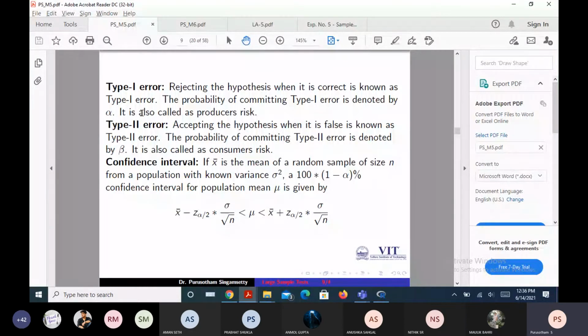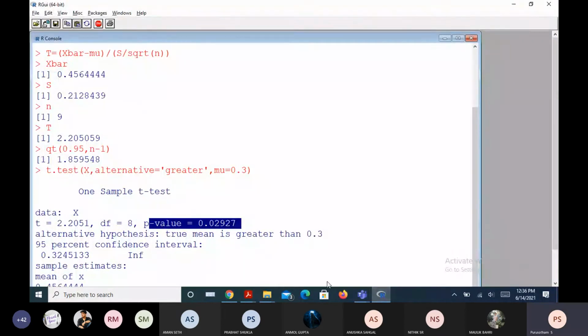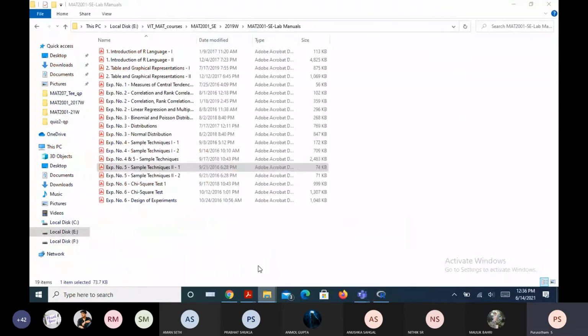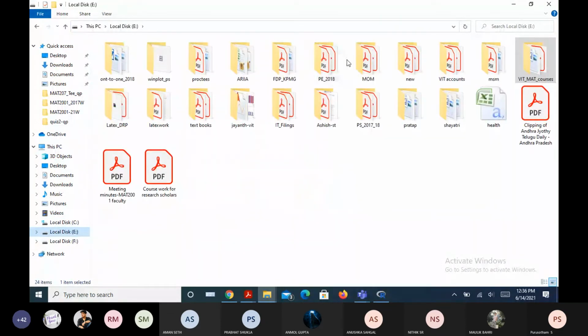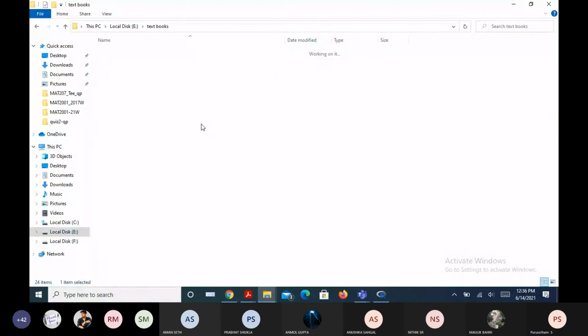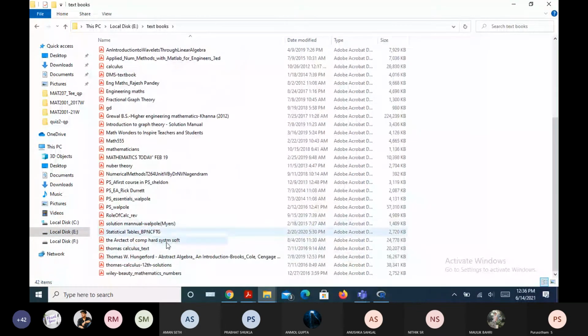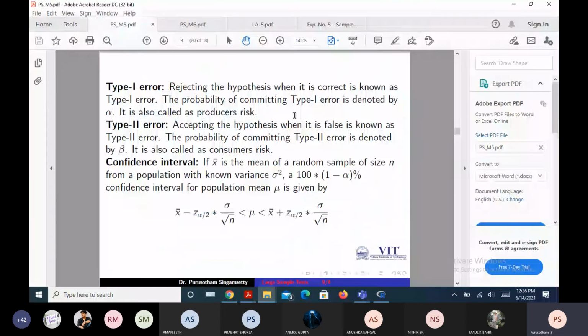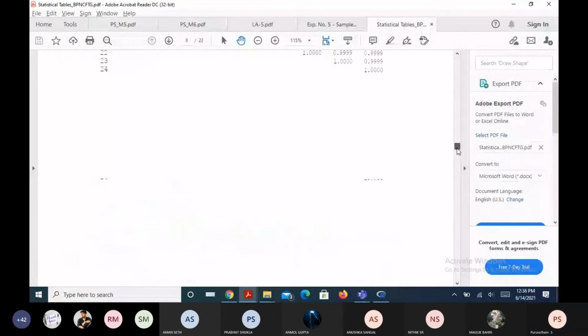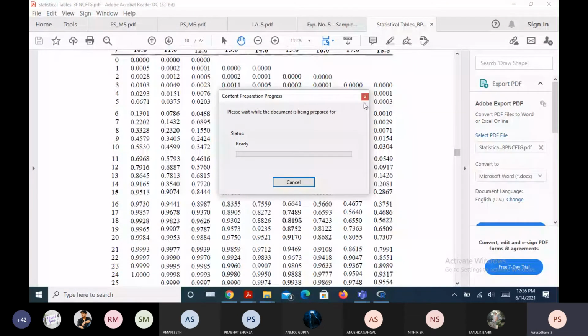So in terms of QT, the same thing, how do we check with the help of statistical tables? I showed you some time back how to check the values under the normal curve.